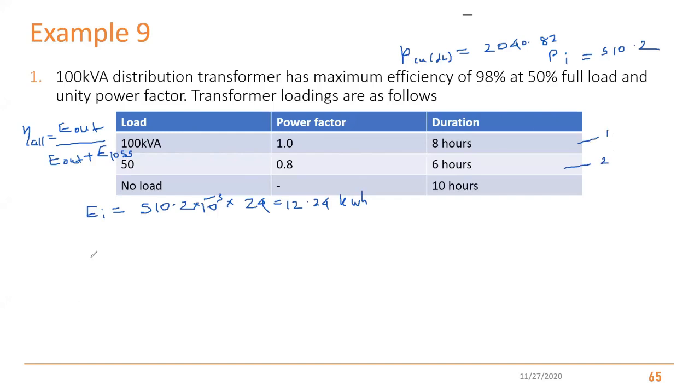For copper loss 1, if you recall the previous example, I derived that any copper loss can be written as the ratio of apparent powers squared times the full load copper loss.